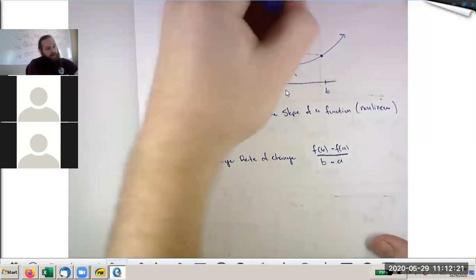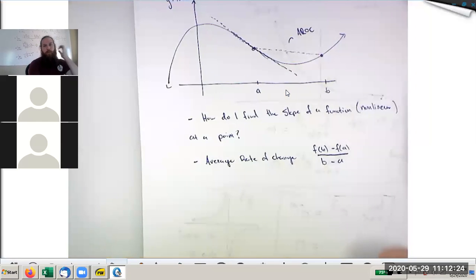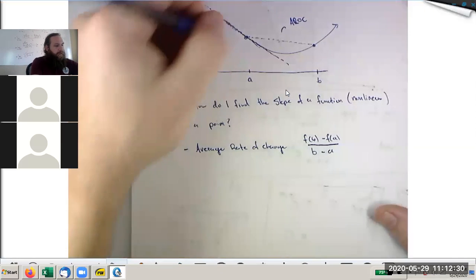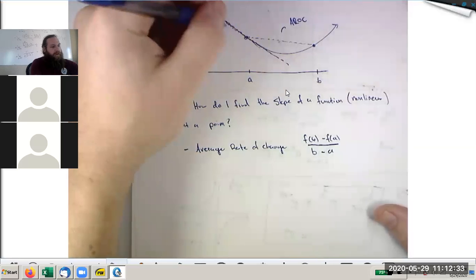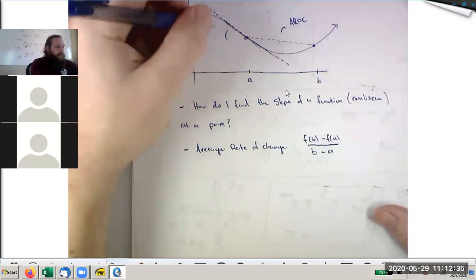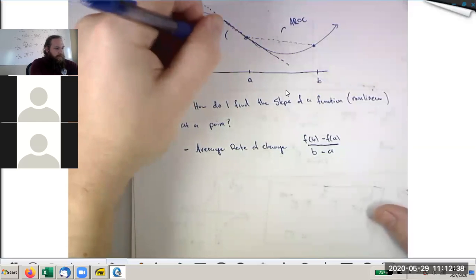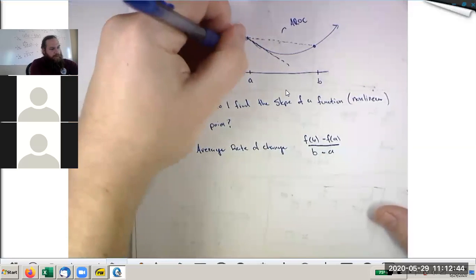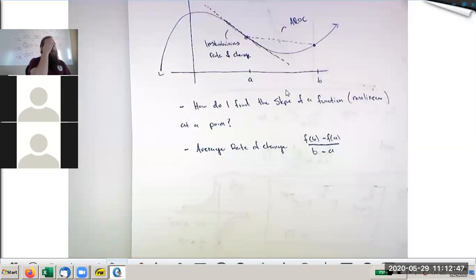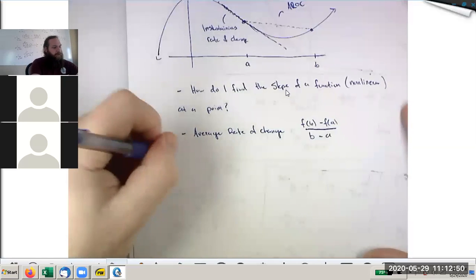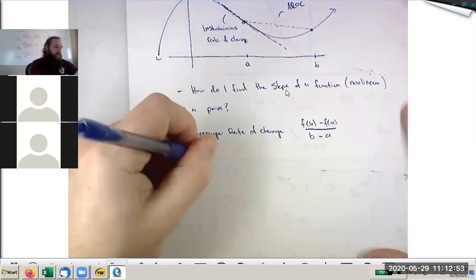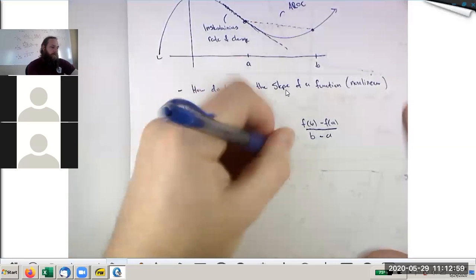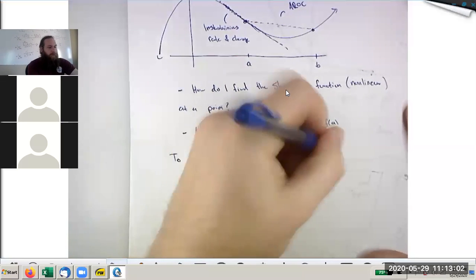That's this guy. The slope of that first dotted line is the average rate of change for f from a to b. The slope of this guy right here would be the instantaneous rate of change. And that's the thing I want. And it turns out to connect the two, we take a limit.